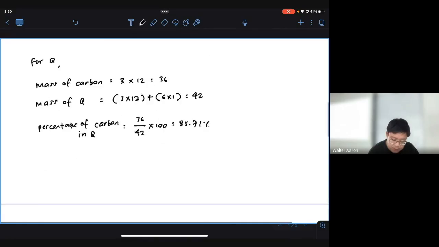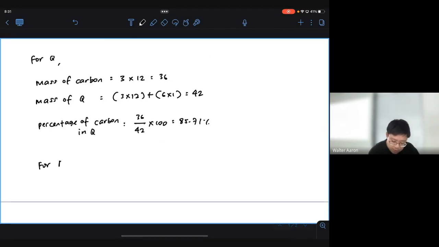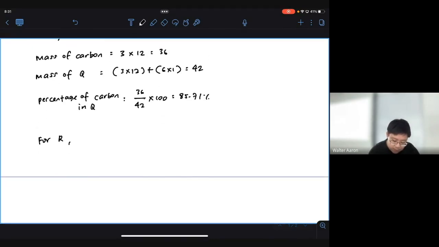And then at the same time, for R, mass of carbon will be the same thing.